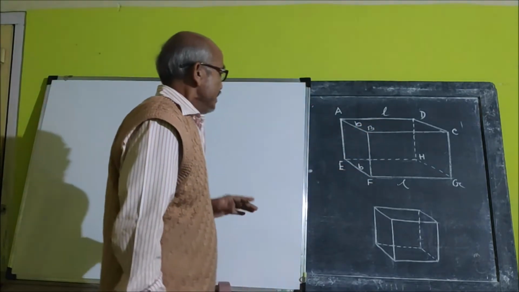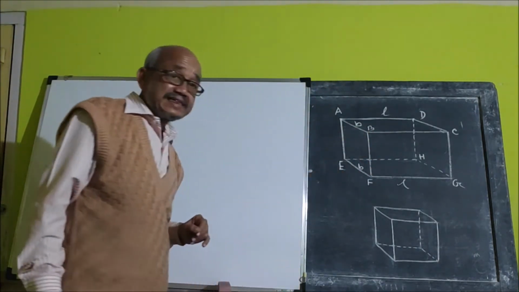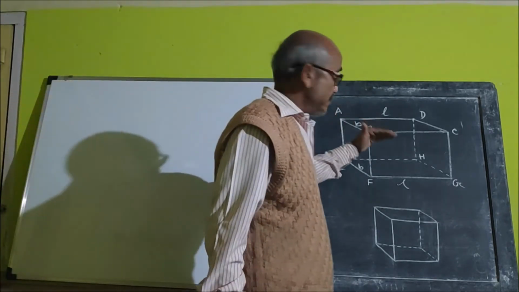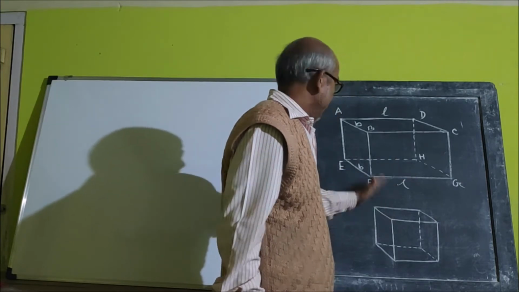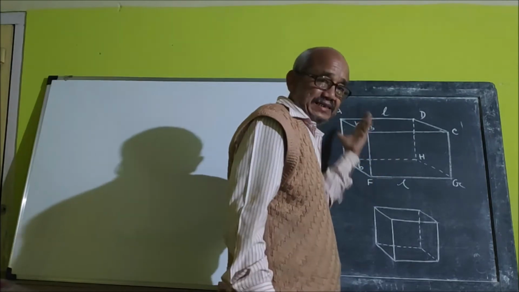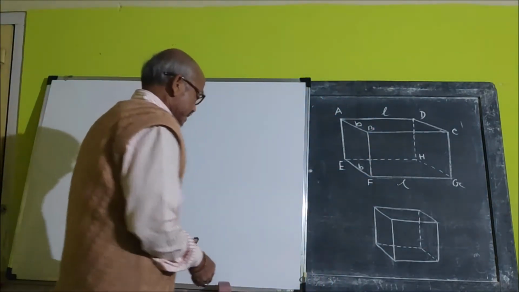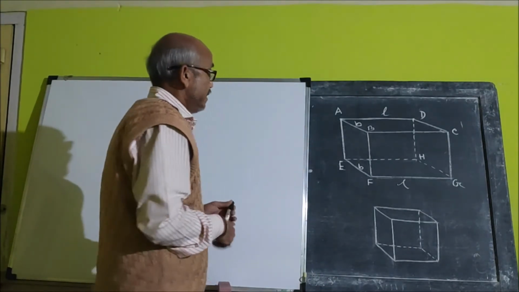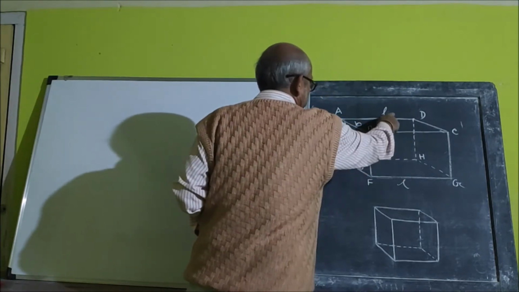It is explained in class 9. Now, in this cuboid figure, there are 6 rectangles. One rectangle is the upper one, another is the lower one, and then the sidewise ones, the front side and the back side. Each has a separate area. The area of this rectangle is length into breadth.